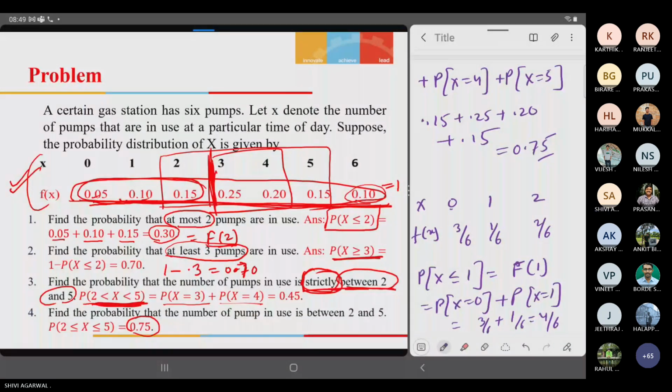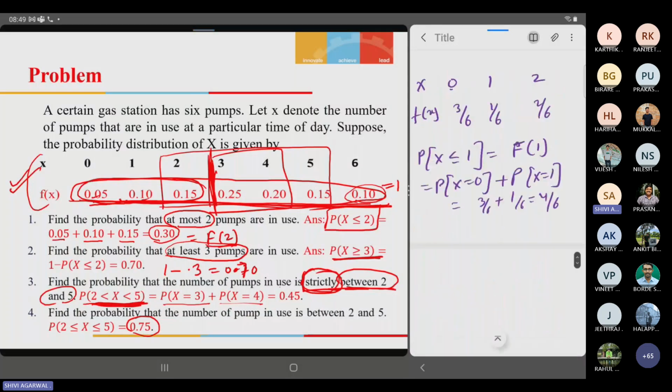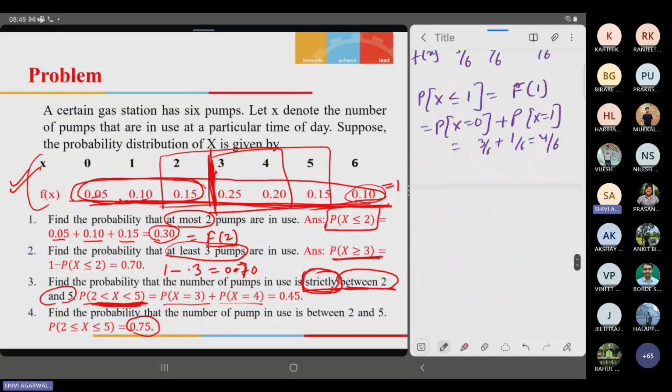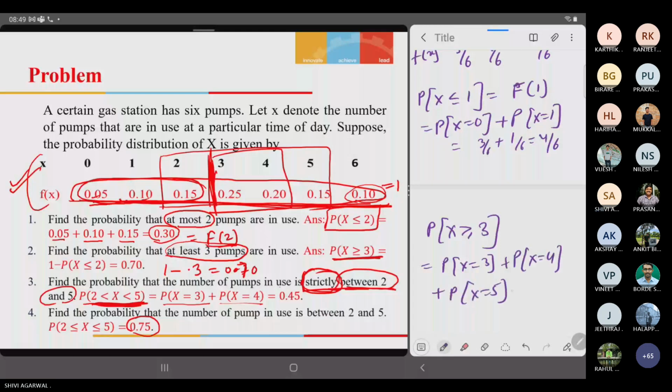Second part. I will explain it in the slide like this. They are asking for the probability when x is greater than or equal to 3. So greater than or equal to 3 means we have to just add this with 4, with 5 and with 6.